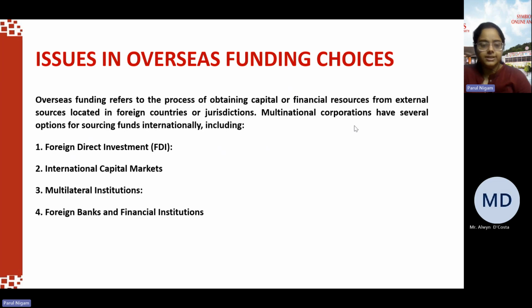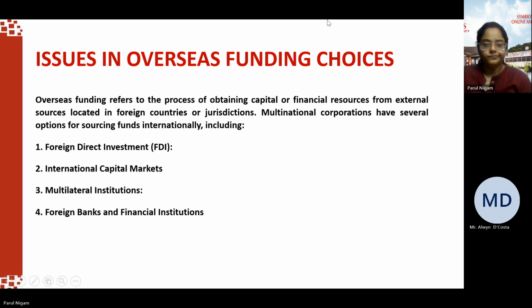We can say that FDI plays a crucial role in global business expansion, economic growth, and technology transfer. Companies must evaluate market conditions, regulatory policies, and financial risks before investing in foreign markets. So that is your thing.